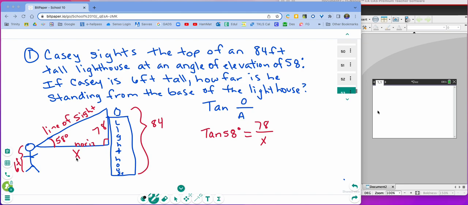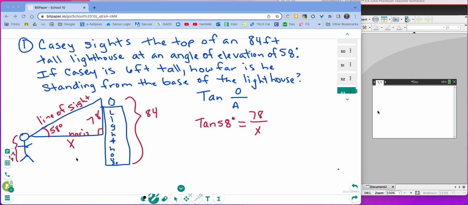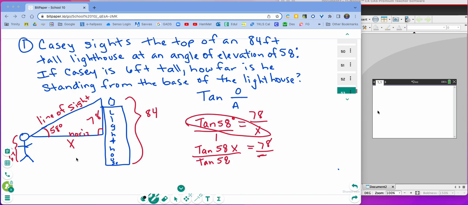All right. So now I'm going to use some algebra to solve. I'm going to put this over 1, and I'm going to butterfly. So the tangent of 58 times x is equal to 78. We're going to divide by the tangent of 58 to find x.